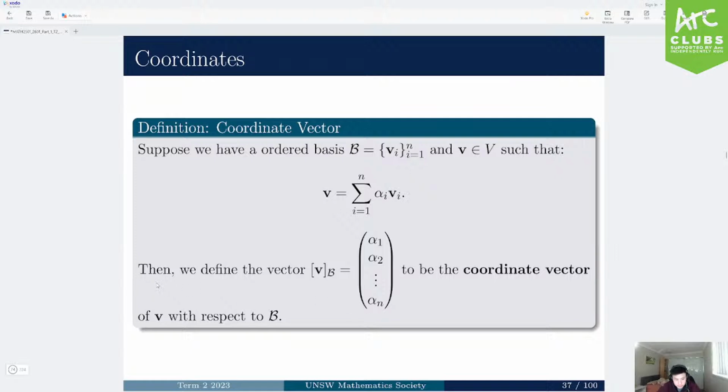Okay. Then we say that the vector v with respect to the basis B is just these coefficients out the front, alpha 1, alpha 2 to alpha n, okay, written as a vector like this.